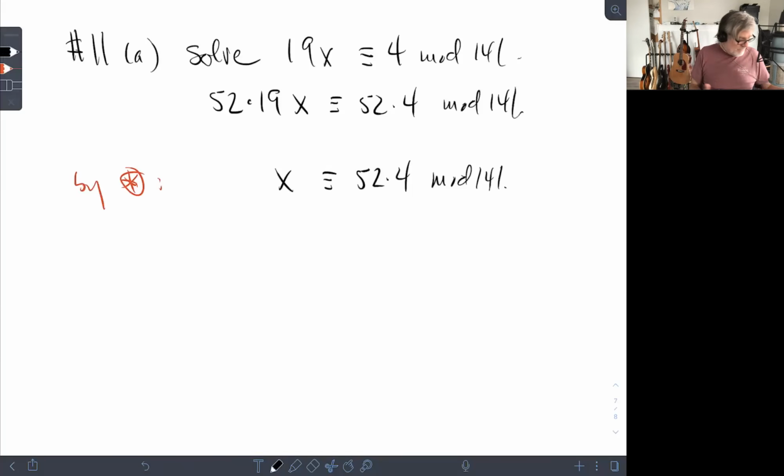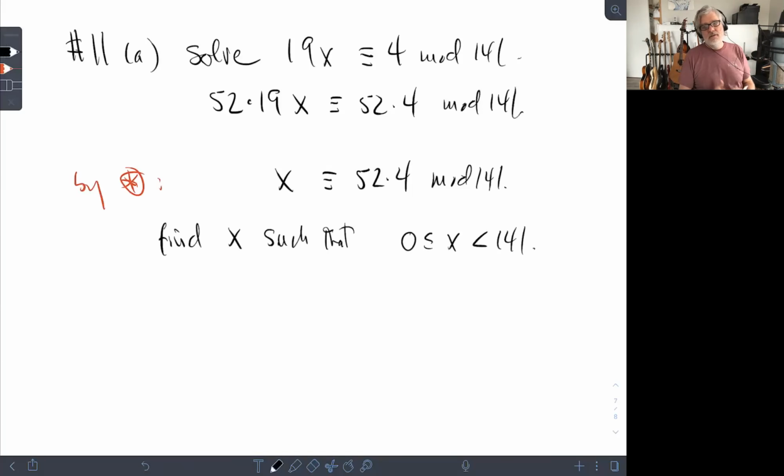But if you're asked to find x such that x is between 0 and 141, then you'll have to reduce 52 times 4, right?